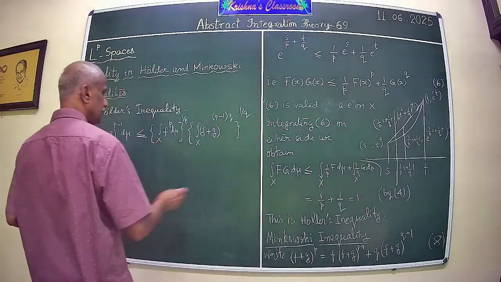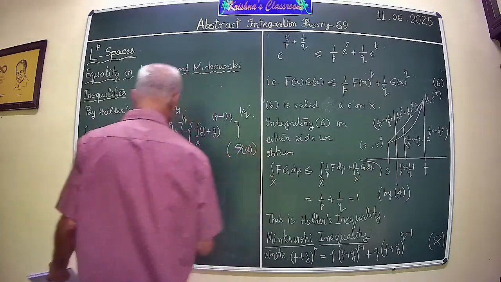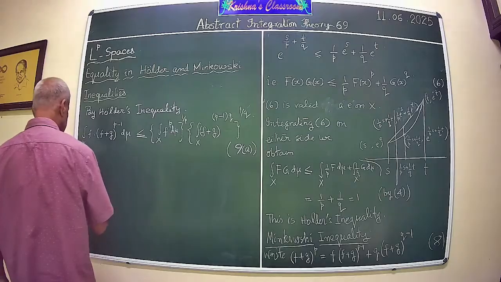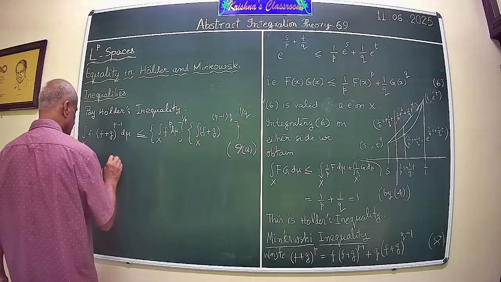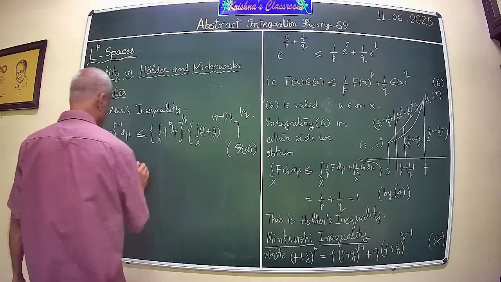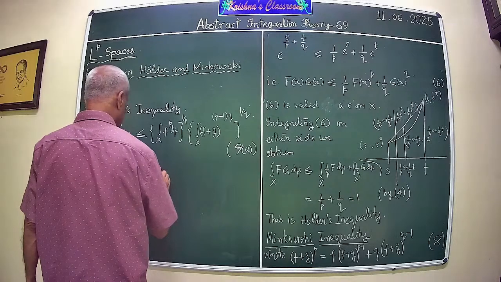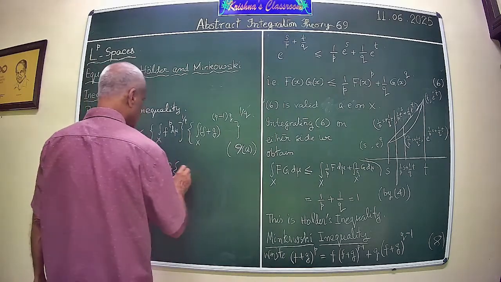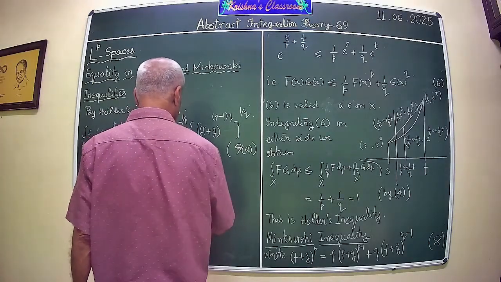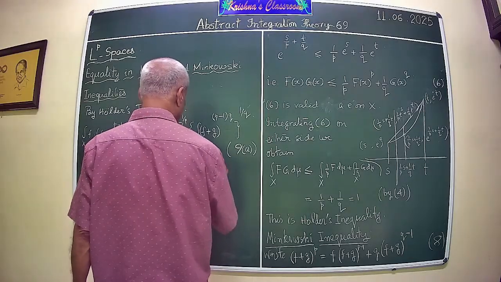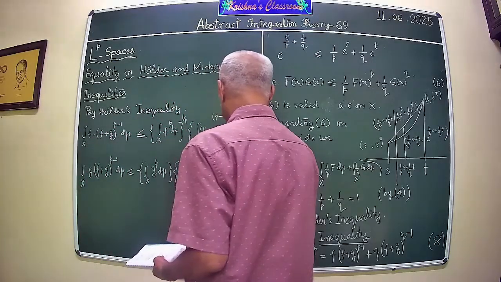And similarly, this we call, and we have another inequality with g, 1 by p, and this we designate by 9.